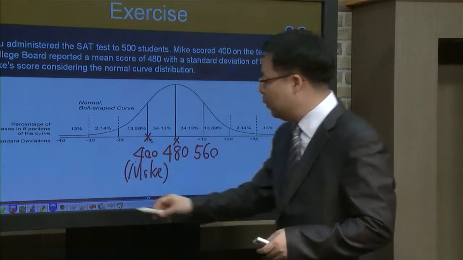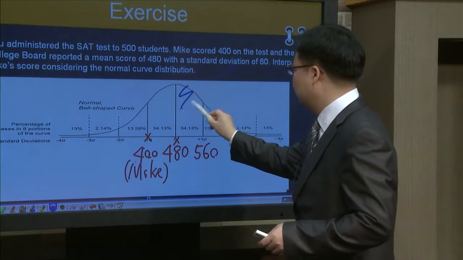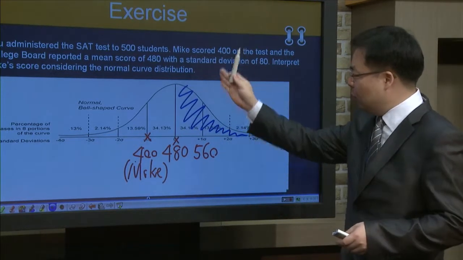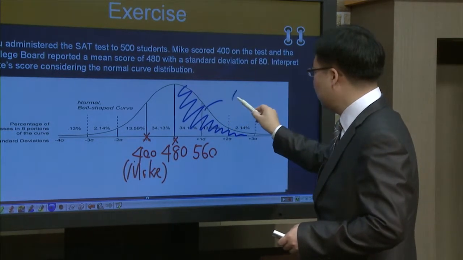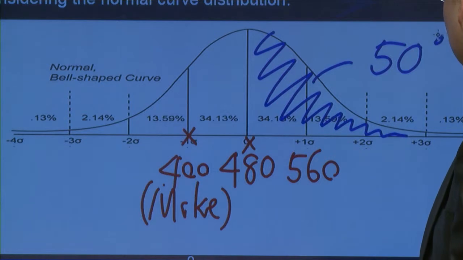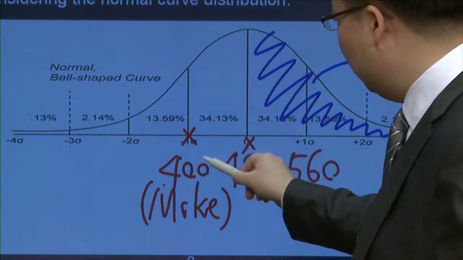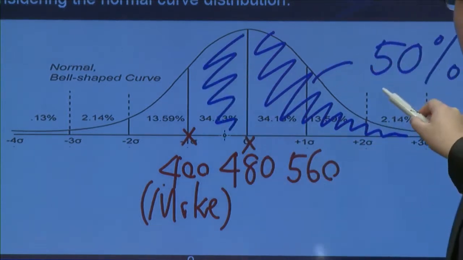So the whole population here, this is exactly half of the shape. So this is 50%, and this is where Mike ranked here, and this is another 34.